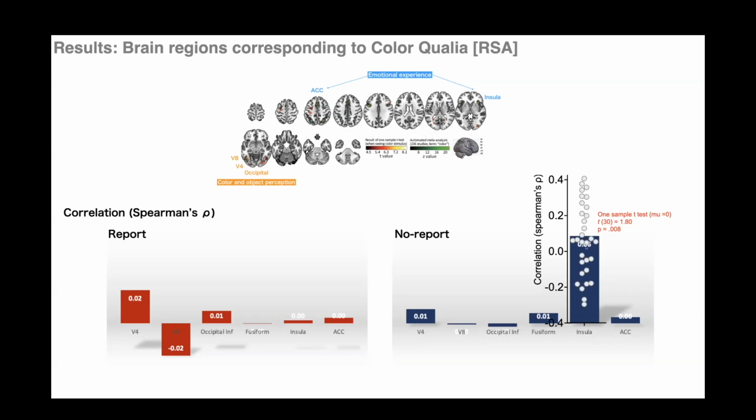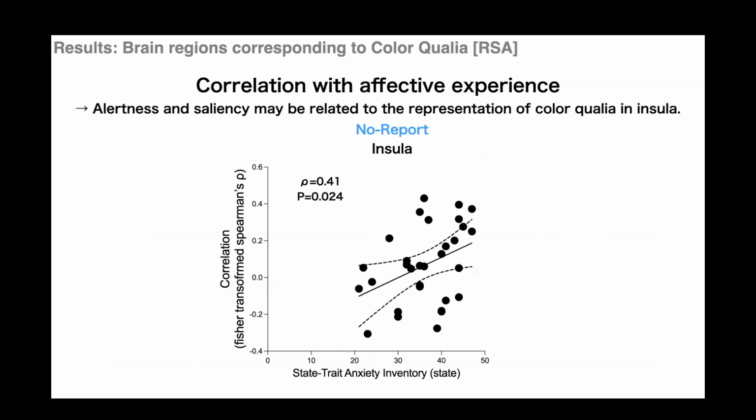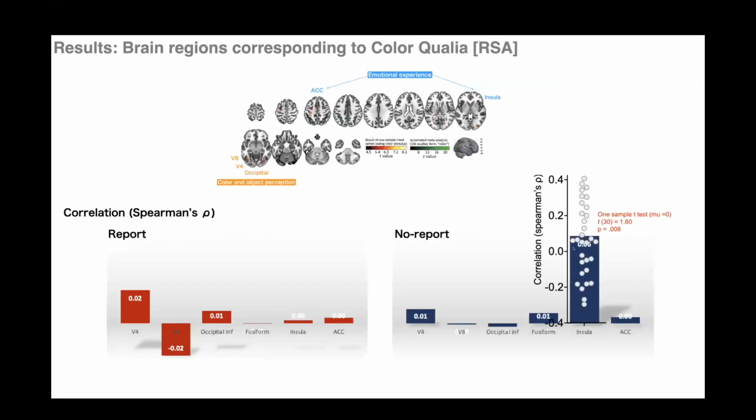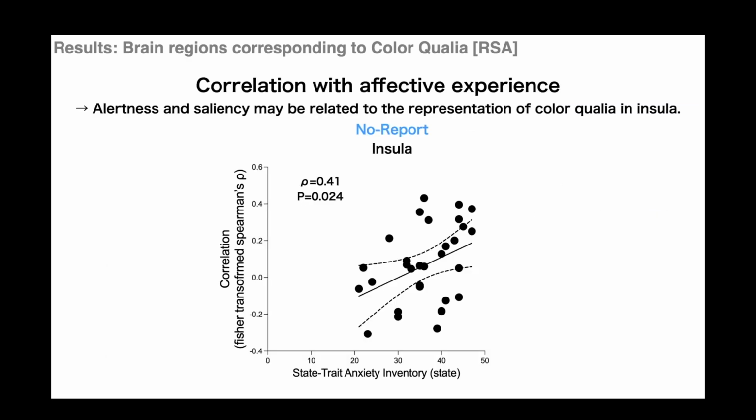Okay, and we looked at what these individual differences are related to, individual traits or something. And we found that this score, this correlation of the brain structure patterns and Qualia obtained from subjective report, is associated with trait anxiety score.